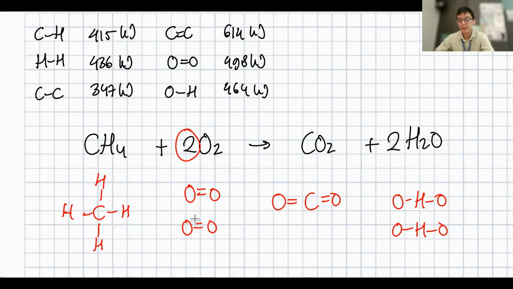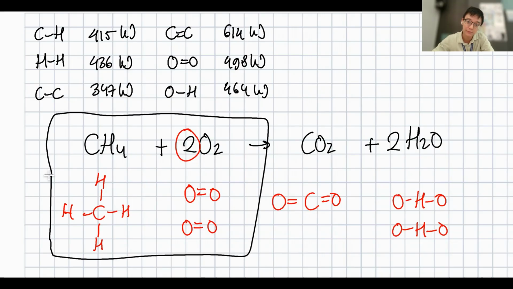Now we have to check all of the energy that is required to break these bonds. Here, energy will be taken to break the bonds. So we need to break one, two, three, four C-H, and we need to break two O double bond O. We see here that C-H is here, and O double bond O is here.